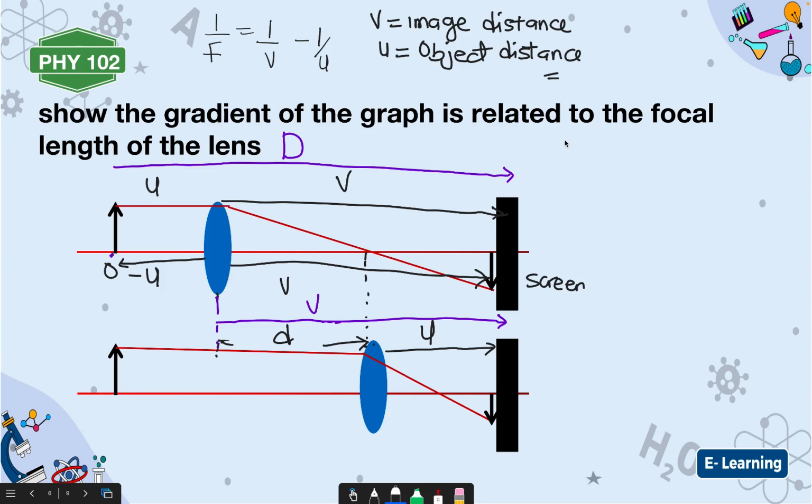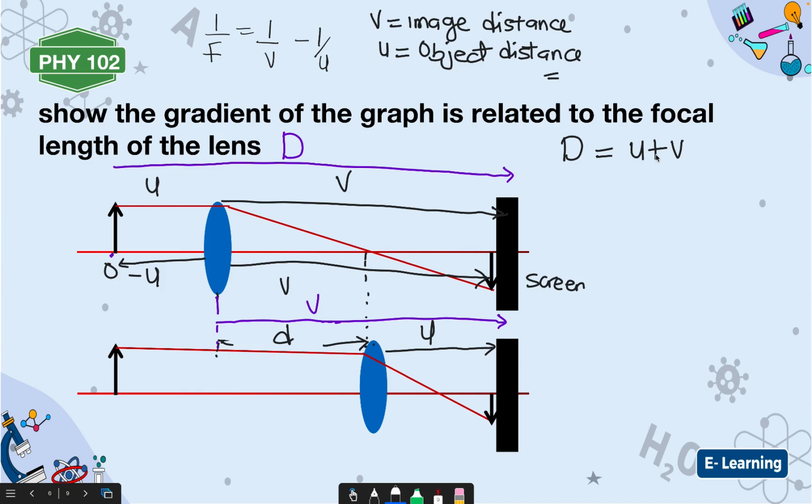Now, do you agree with me that D, which is this big D, is the same thing as U plus V? Do you agree with that one? That D is equal to U plus V? Exactly. Is the same thing.